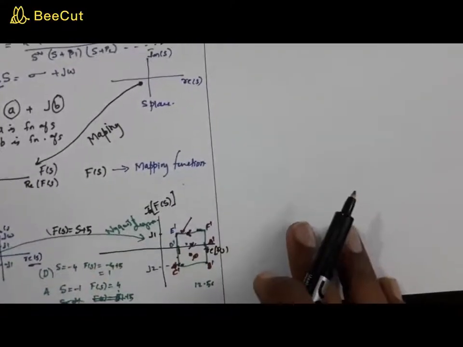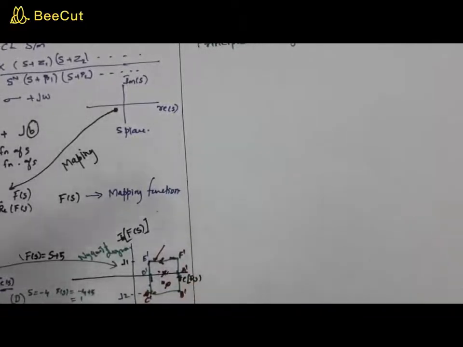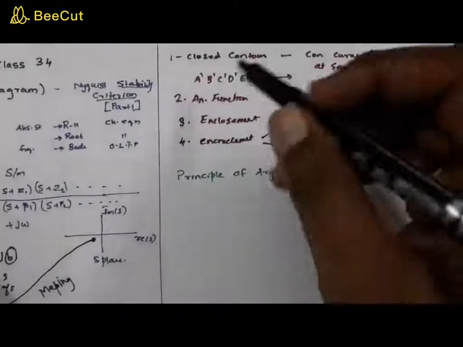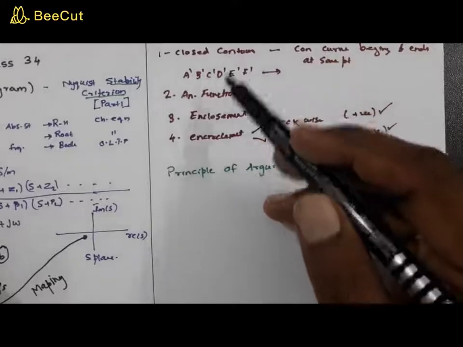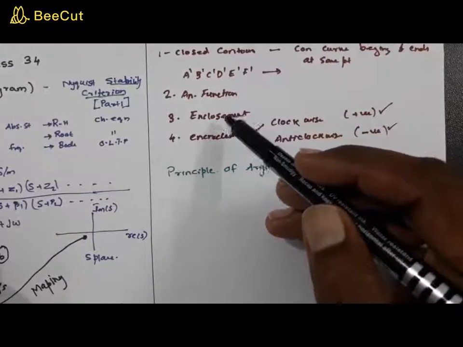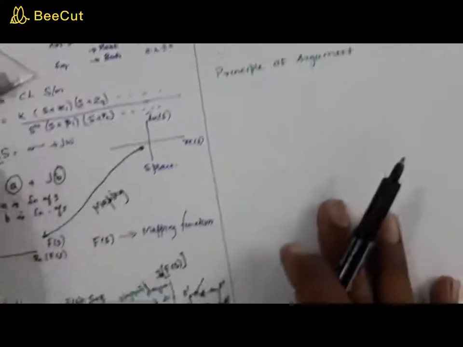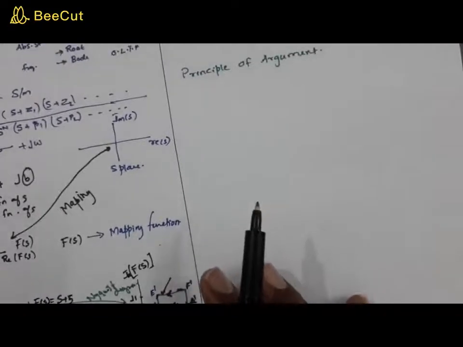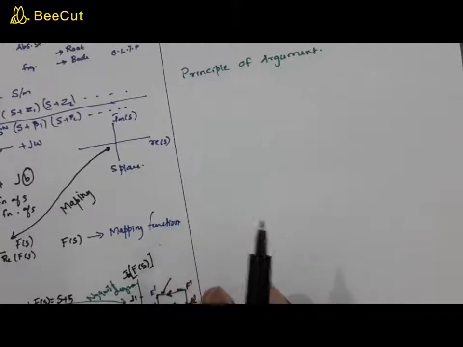You get a different one, and when you consider a closed path, you can also expect a closed path in the f of s, but in a different direction, at a different area, or even a different shape. From this we have found some terminologies: closed contour, analytical function, enclosement, and encirclement. When you map, this will be enclosing some points, and there can be encirclements. Encirclement means it circles.